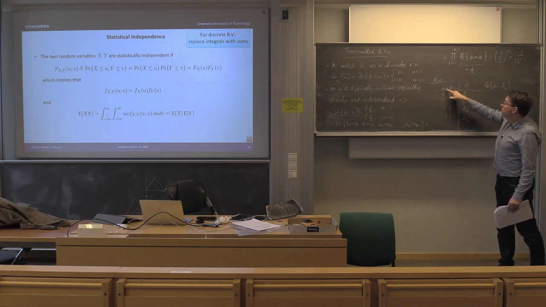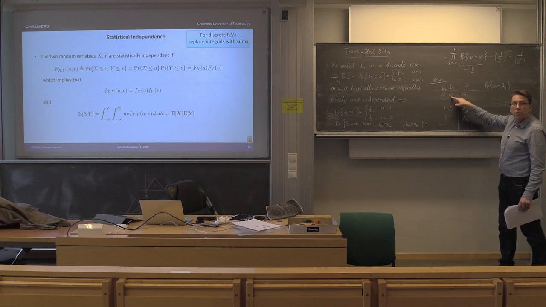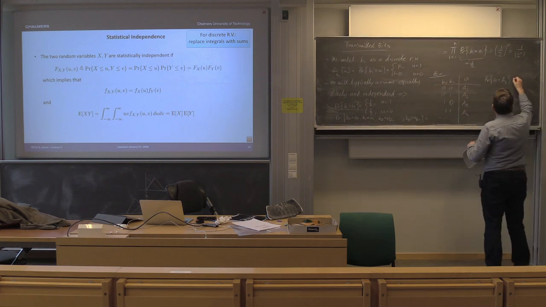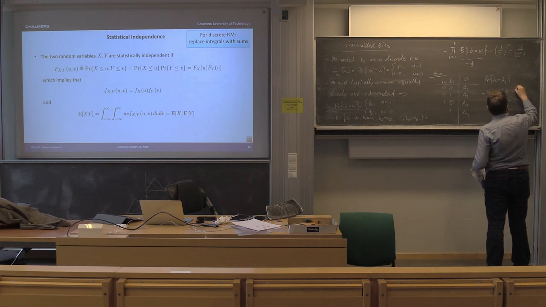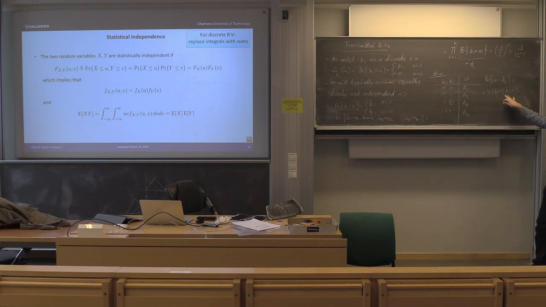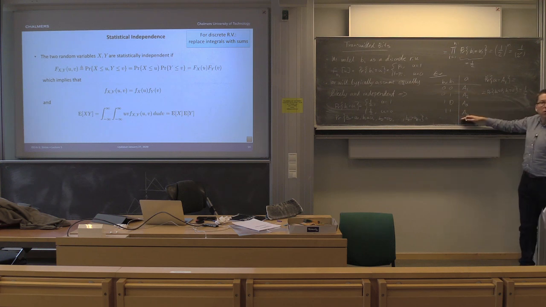Well, it's the probability that b0 and b1 take on the pattern 0 0. So this is equal to the probability that b0 is equal to 0 and b1 is also equal to 0. And what is this probability if we have equally likely independent bits? Yes, 1 over 4. We have 4 alternatives. All of them are equally likely. They have to add up to 1, so 1/4.